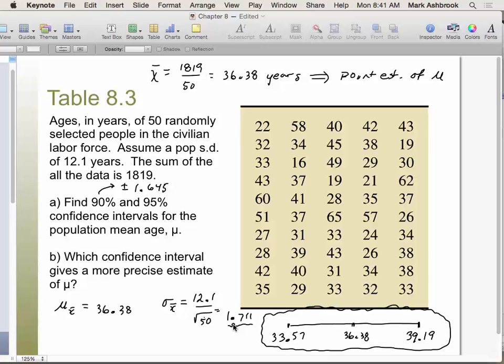I was using an example. If you wanted 4 1.711s, you'd do times 4. So now we want 1.645 of those, so you're going to multiply. That's multiplication, and then that result greater than 36.38. Did you get 39.19 this time?